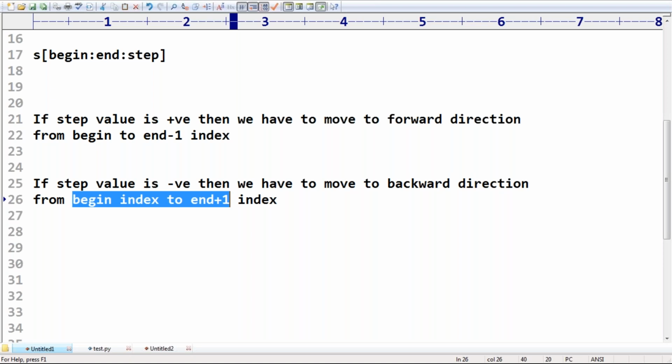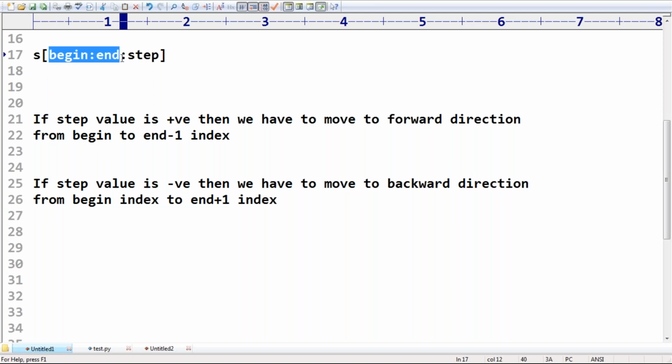Begin value and end value, you can take either positive index or negative index, no problem at all. Whether it is the forward or backward direction, begin and end indexes can be either positive or negative.